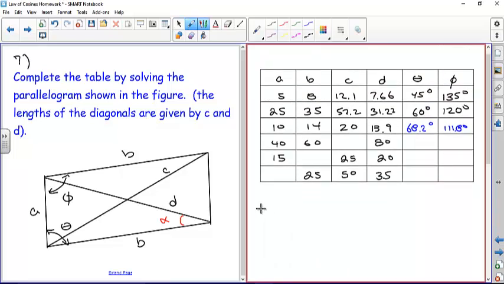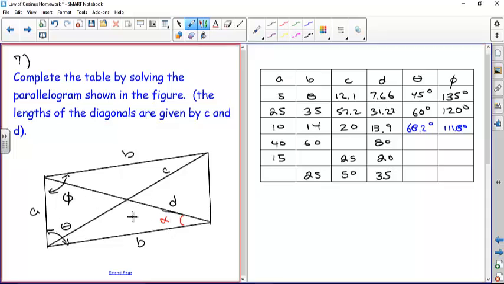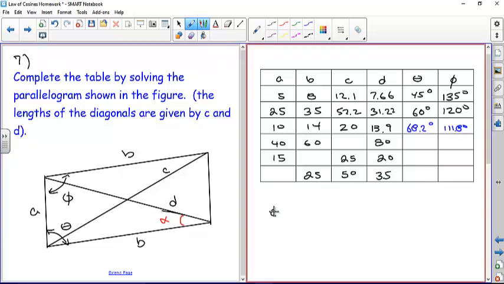So again, we have A and we have B and we have D. So we're going to calculate theta. The cosine of theta is equal to A squared plus B squared minus D squared divided by 2AB. So A in this case is 40.